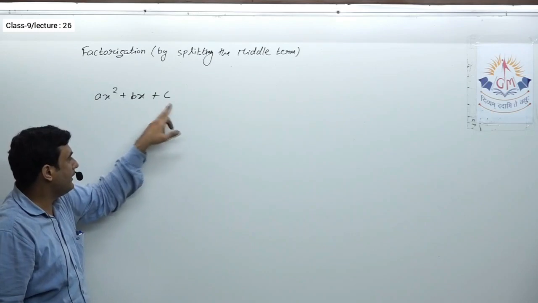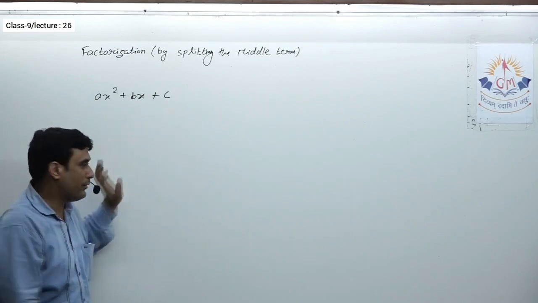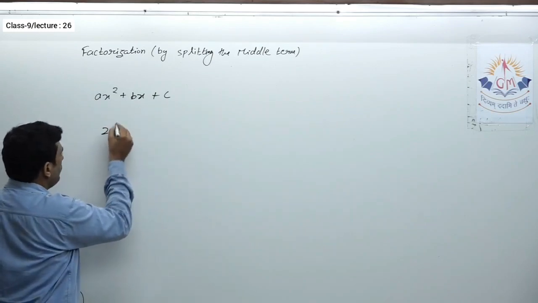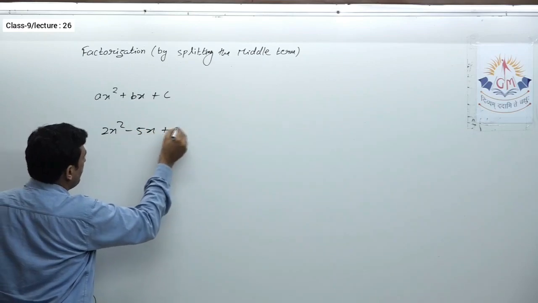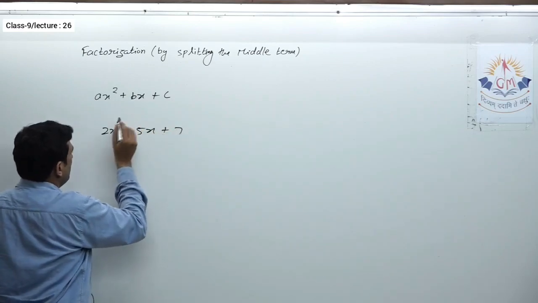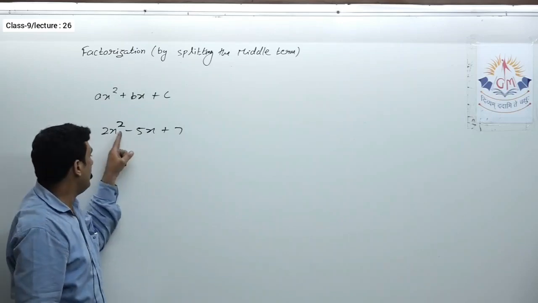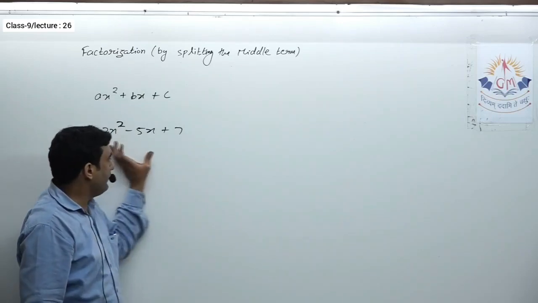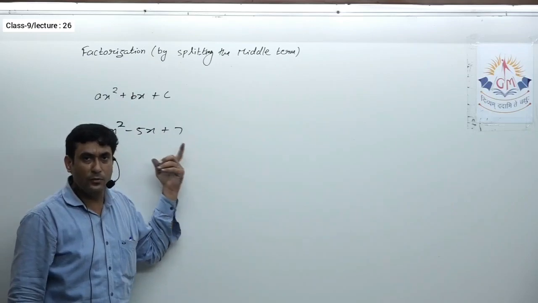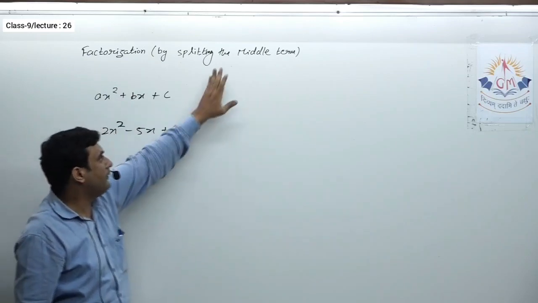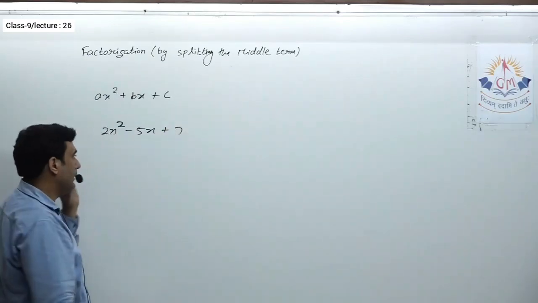Here x is the variable and a, b, c are the constants. For example, 2x square minus 5x plus 7. This is a polynomial, we will say a quadratic polynomial having degree 2. So if we have this type of expression, how to find its factors? For that we have this method, splitting the middle term.